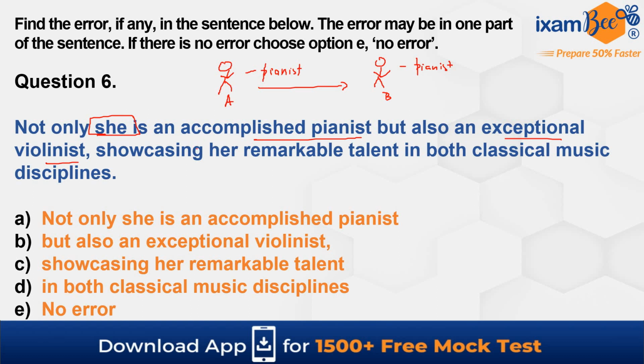We are not saying that not only she is an accomplished pianist, but her friend as well, or her sister as well, or her brother as well, the person B. What we are doing is talking about one subject, just one subject, and we are describing the person's two qualities, quality one and quality two, right?